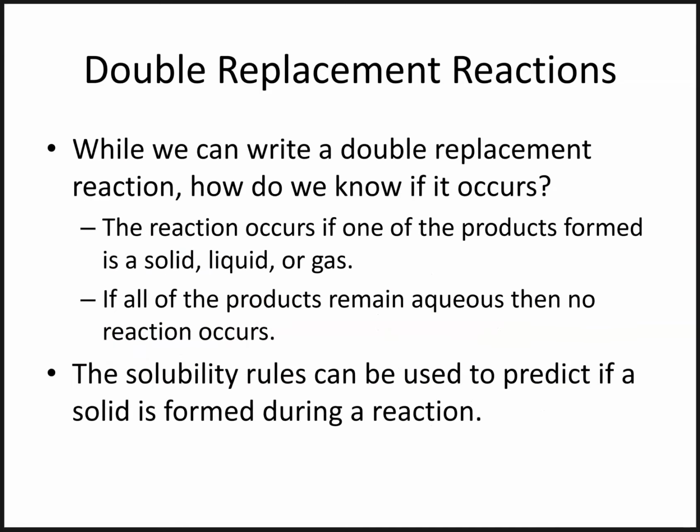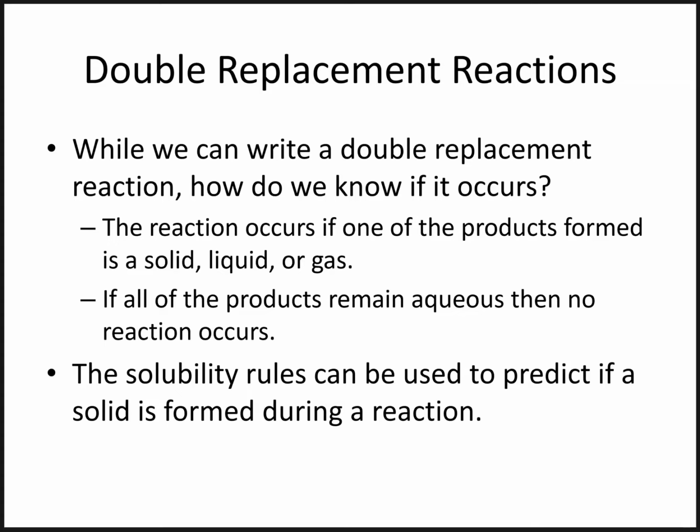Now, when we do double replacement reactions, what we're looking for is a solid, liquid, or gas forming. If all our products remain aqueous, there is no reaction. So how can you tell if something is going to form a solid, liquid, or gas? Well, for the solids, we've got the solubility rules.